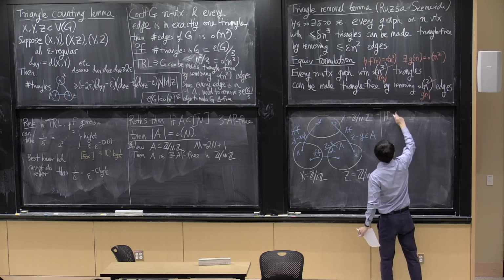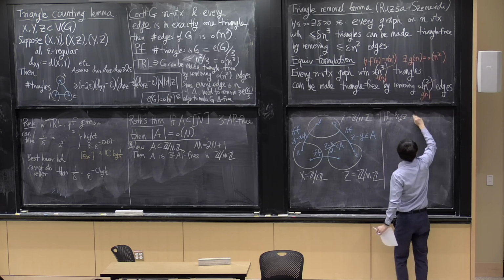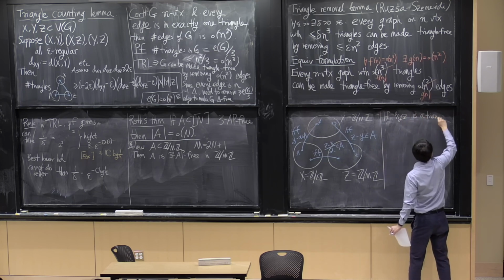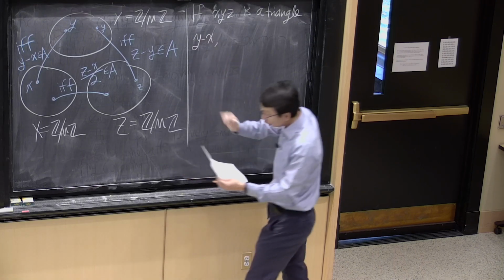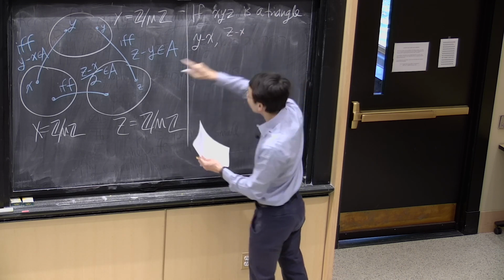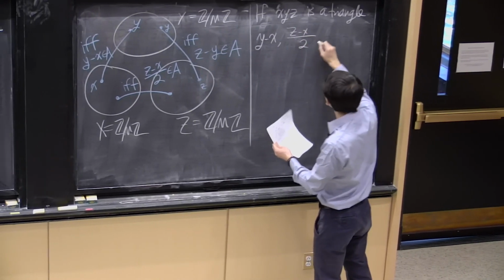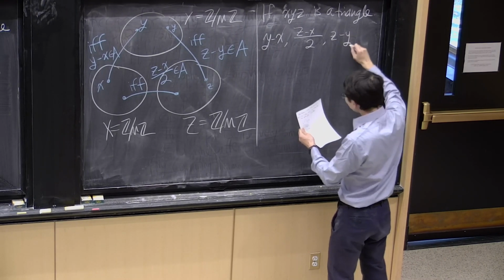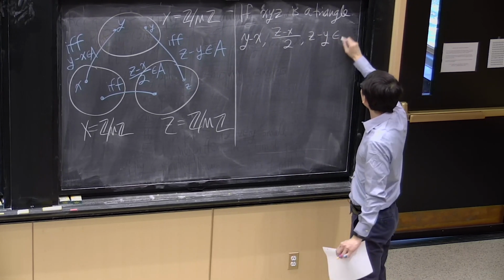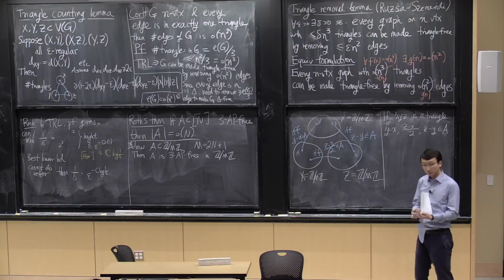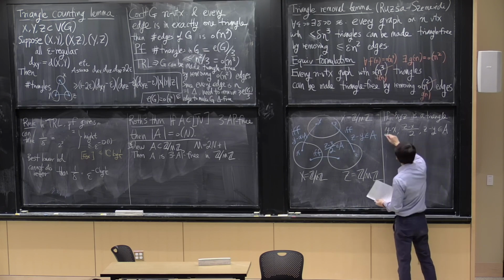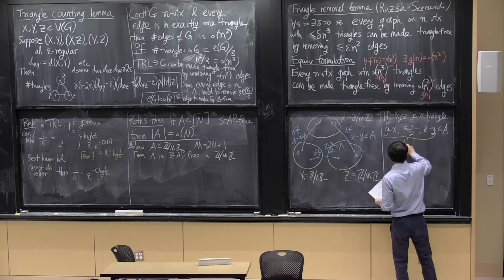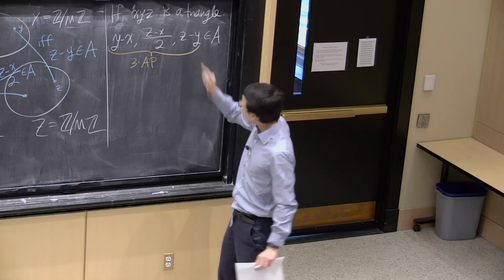If the vertices x, y, z form a triangle, then these three numbers, by definition, because they're all edges in this graph, they all lie in A. But now notice that these three numbers form a three-term arithmetic progression, because the middle element is the average of the two others.